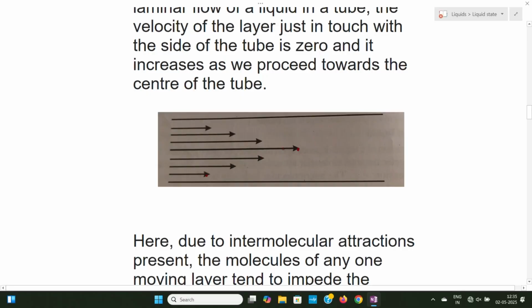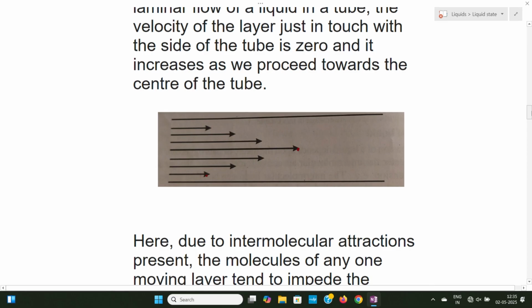Here we consider the fluid as different layers, and the layer adjacent to the solid surface has a velocity of almost zero. As we proceed from the tube wall to the center of the tube, the velocity increases. At the center the velocity will be maximum, and adjacent to the solid surface it will be zero.